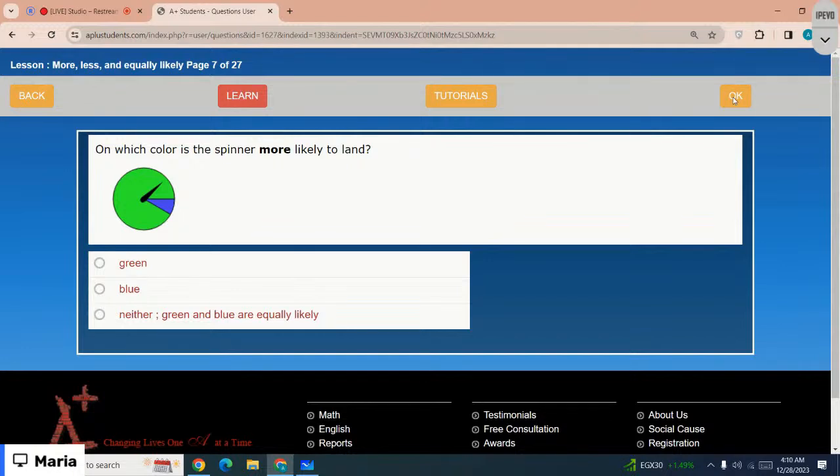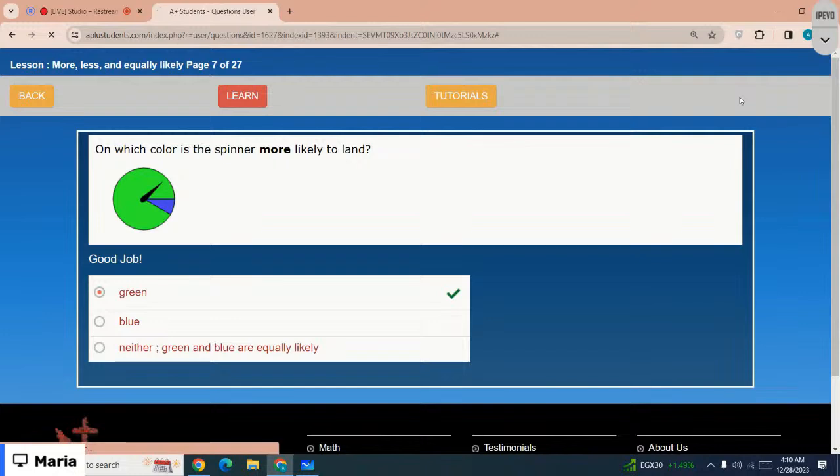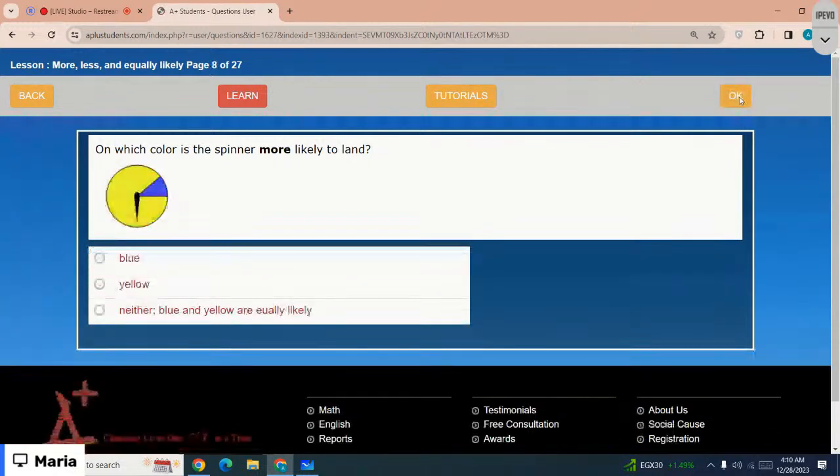Yes, it will land on green because most of the portion is green, right? On which color is the spinner more likely to land? So, which is the correct option?